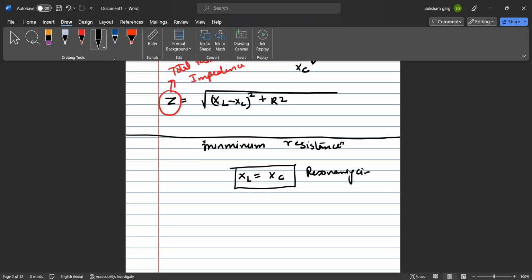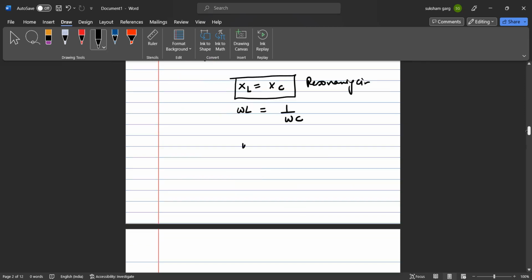And now we fill in the values. XL is equal to omega L, XC is equal to 1 upon omega into C. So when you keep omega on the same side and solve it, you will get the value of omega as 1 upon root of LC. Suppose they are asking to calculate the frequency of this AC current.